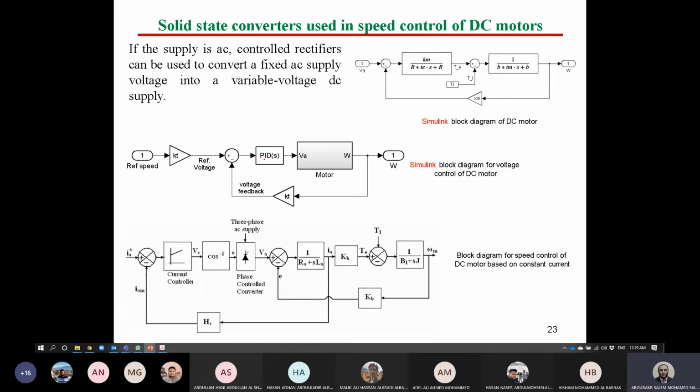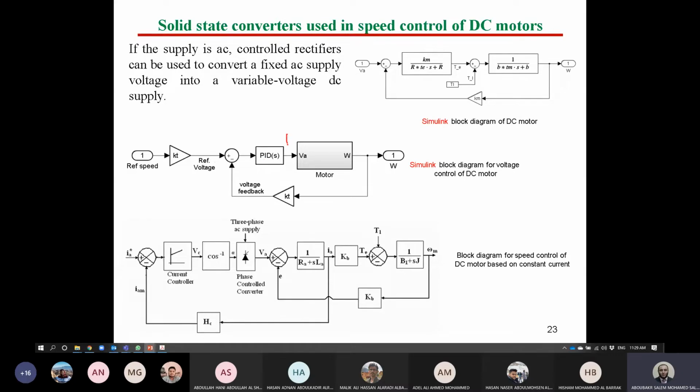It's not a source of power, so it cannot generate the required voltage. It can just generate some pulses with very little power, a few milliwatts, which can be used to control another device, which is the power electronic converter.